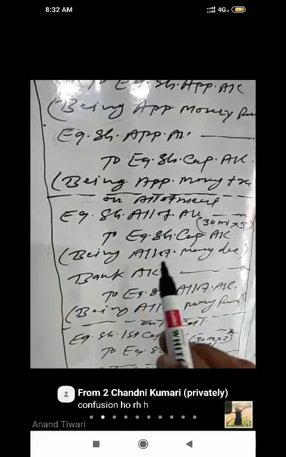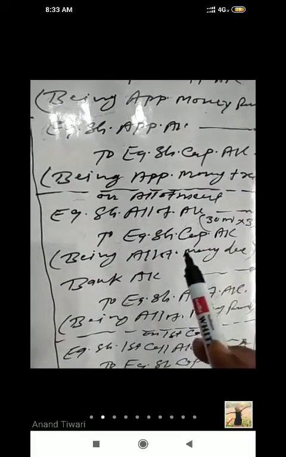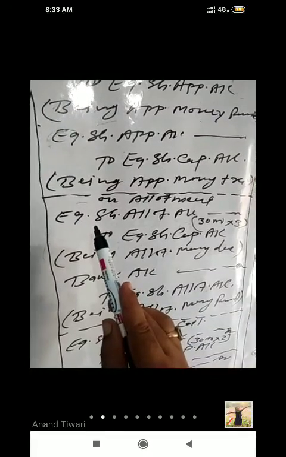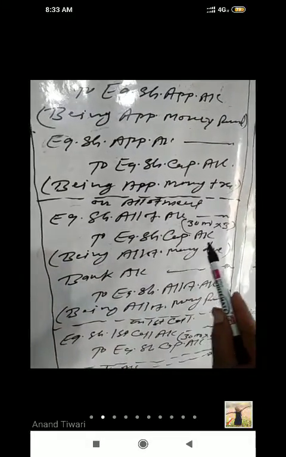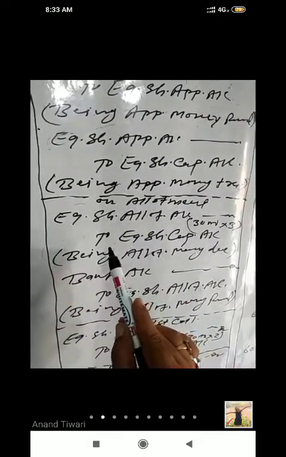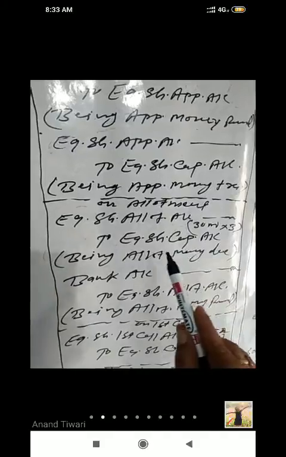What you have to change when shares are issued at premium is only the due entry, that is equity share allotment account debit to equity share capital account. You have to change only one thing: one more thing you have to add at the time of premium, to securities premium reserve account, SPR account.